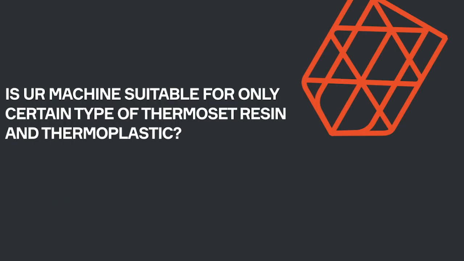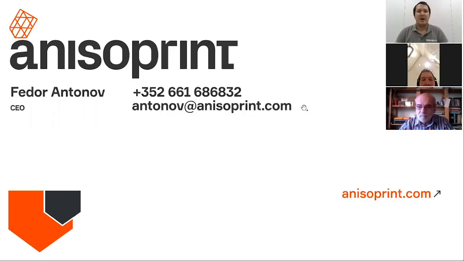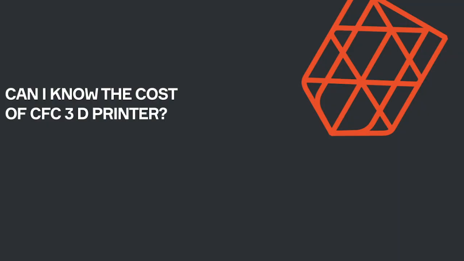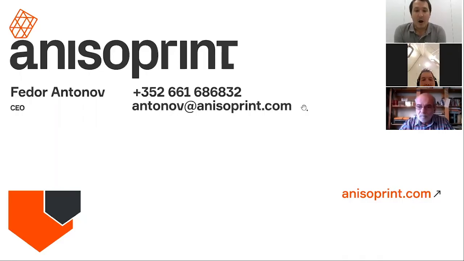Is your machine suitable for only certain type of thermoset resin and thermoplastic? Can I know the cost of the CFC 3D printer? Our machines are an open system for the thermoplastic. So you can use any thermoplastic that is available on the market in the form of a filament to print on our machines.